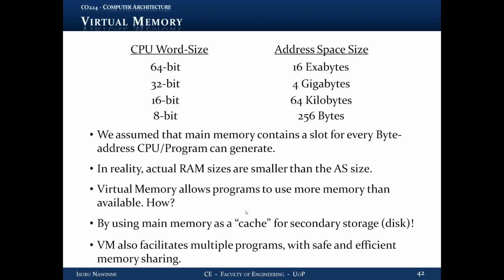So other than allowing the CPU or programs to use more memory than actually available, virtual memory also allows multiple programs to be run by a CPU at the same time. When we say multiple programs running on a CPU, you know that a single CPU with a single processor, like we are discussing, cannot run multiple programs at the same time.